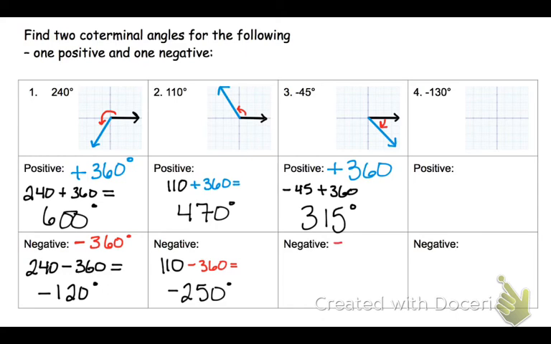Well, if I subtracted 360 degrees from negative 45, I'm going to get a larger negative number. So it doesn't matter whether your angle starts out negative or positive. If we want a coterminal angle, you can either add 360 degrees or subtract 360 degrees.